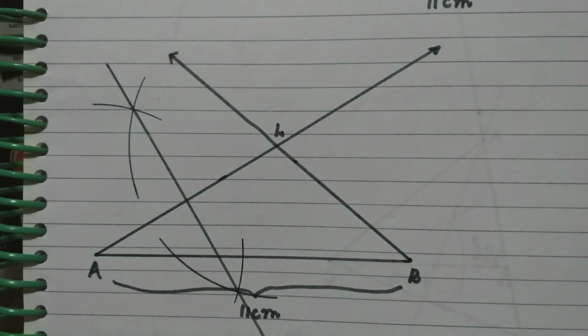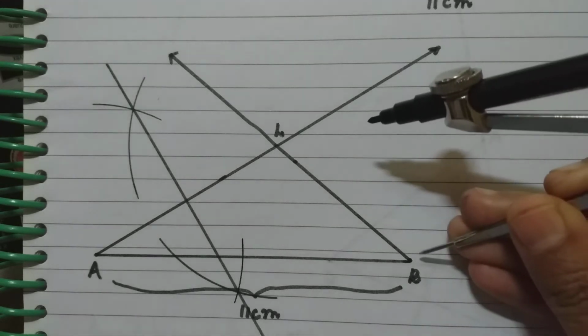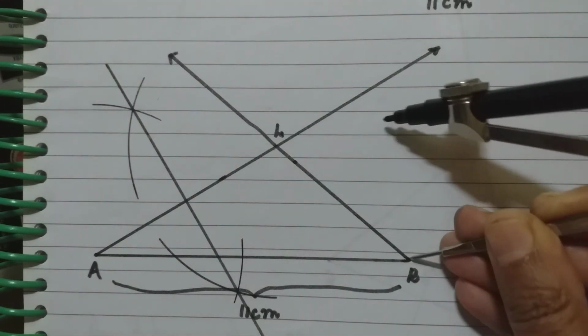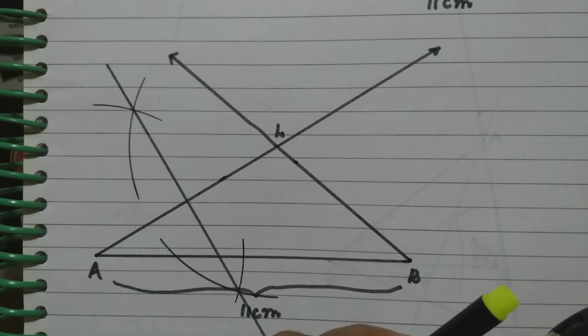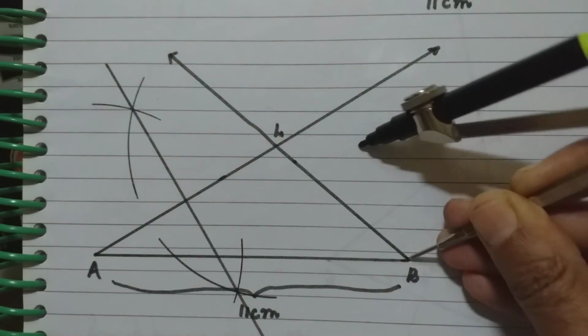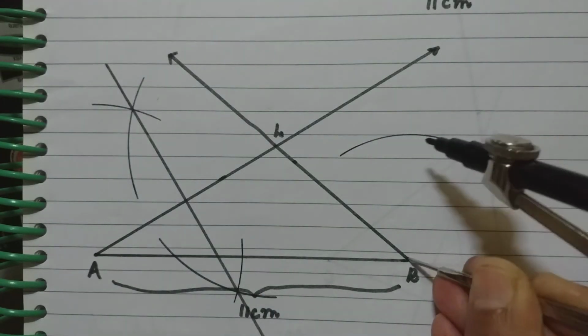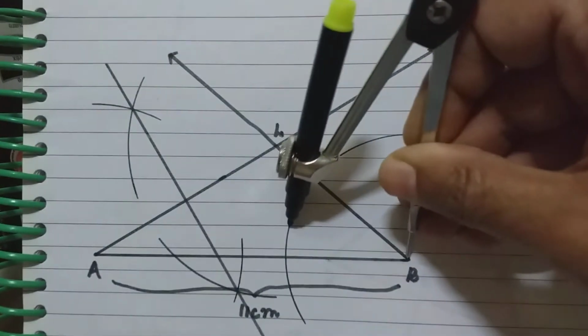Same way I do for the other side LB. I will draw one arc above the line segment LB and one below.